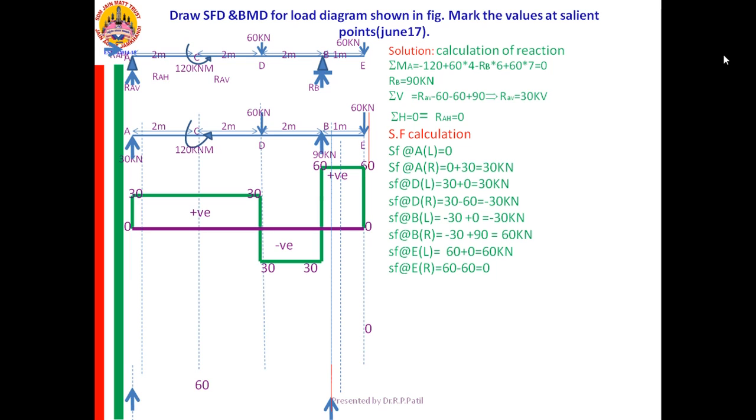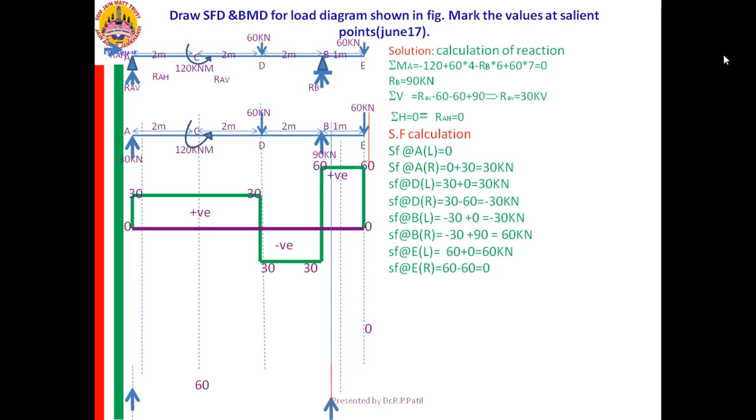Now he is asking to mark the important or the salient points. Whether he is asking it or not, you need to do it. Important points in the SF diagram are the point where the SF changes its sign from positive to negative or negative to positive.